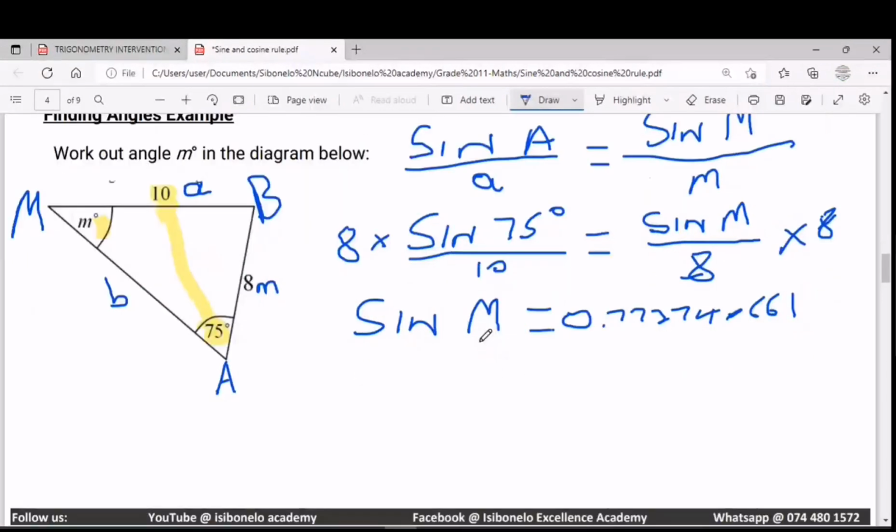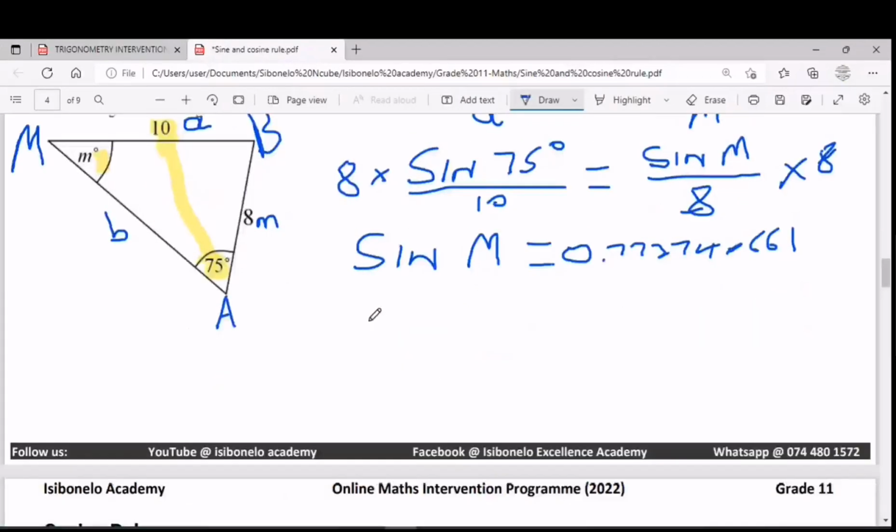Since we want M, we must use the inverse of sine, that is arc sine.